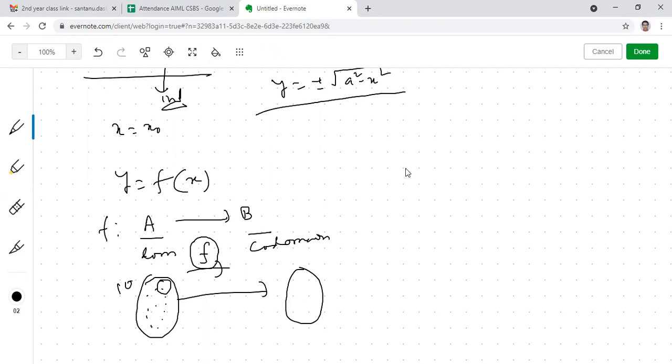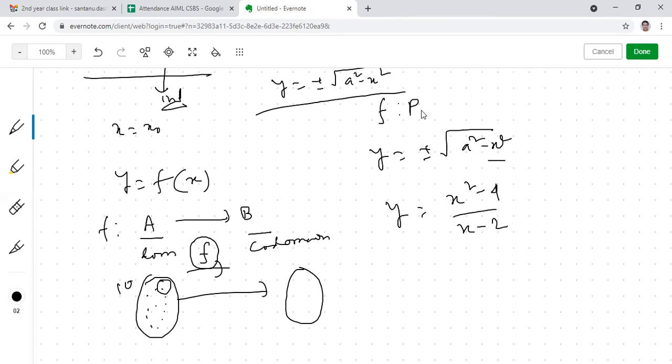So, for example, consider the function y equals plus minus square root of (a square minus x square). For this function, if you put any value of x, you'll get the value of y, so there is no problem. But if I provide the function (x square minus 4) by (x minus 2), in both cases I'm considering that the function is defined from the set of real numbers to the set of real numbers.